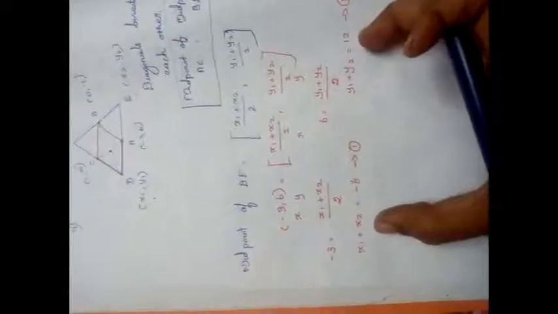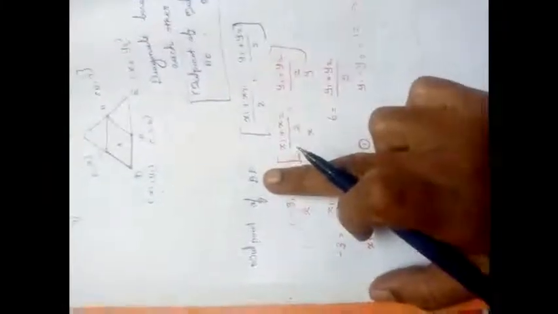So far we have taken only the line DE. In the same way, we can find equations using the midpoints of lines EF and DF. Okay, look here, midpoint of EF. Okay? What are the points of EF here? E is x2 comma y2 and F is x3 comma y3. So (x2 plus x3) by 2, (y2 plus y3) by 2.